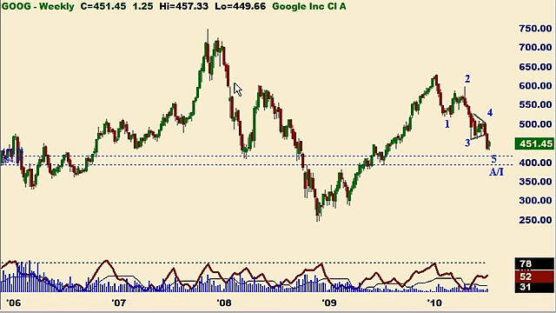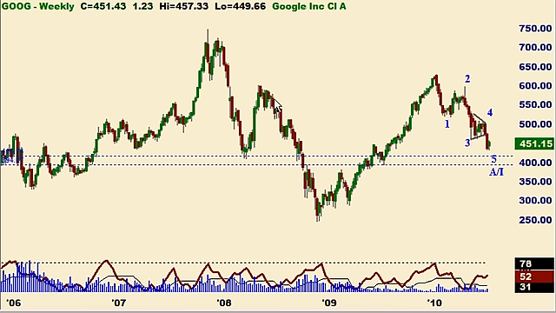And to me, the best way and really a pretty clear way to count this is that this entire decline is an A, B, C, a corrective decline. Now, it's possible that that whole decline is just A and that we're embarking on another similar magnitude decline.